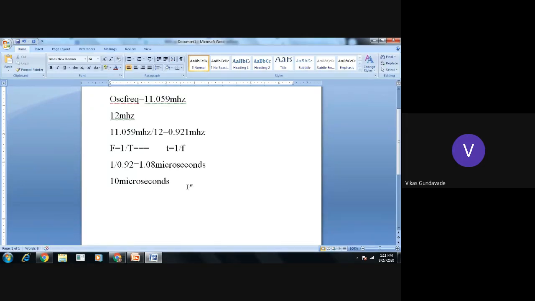Now when we divide these 10 microseconds by 1.08 microseconds, we get some sort of count.